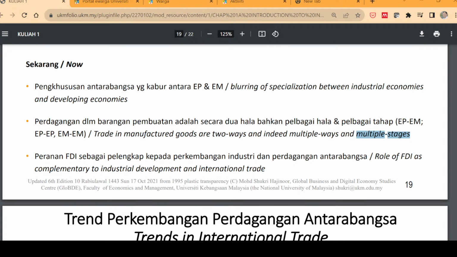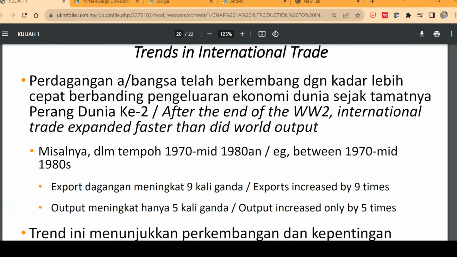And then, after the end of World War II, the trend is that we compare the rate of growth of international trade with world economic output.